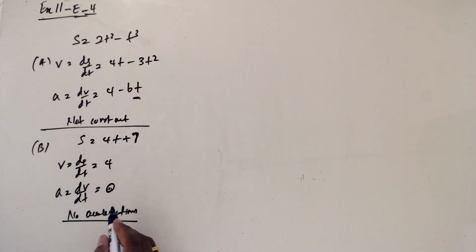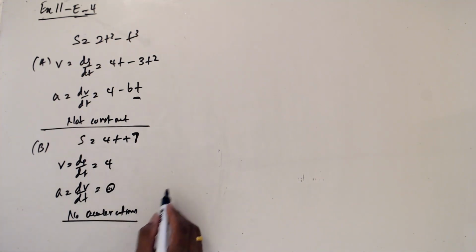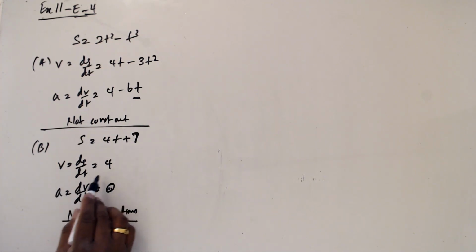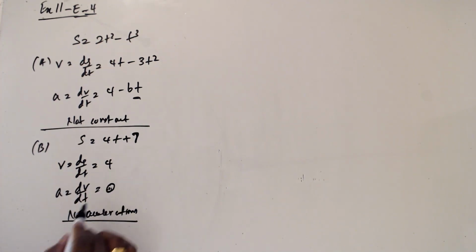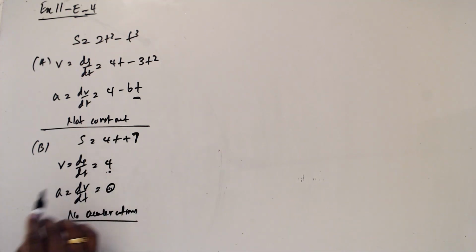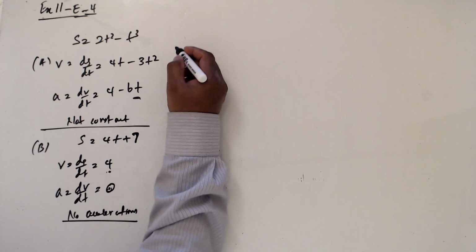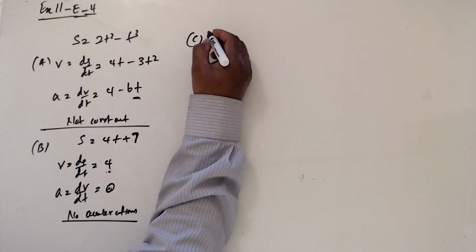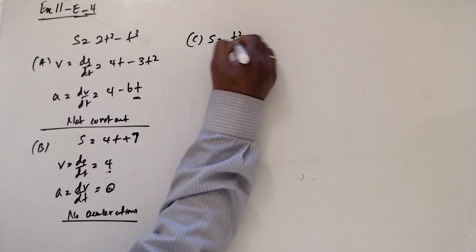So when there is no acceleration, either the particle is stationary or, according to Newton's law, it is moving with a constant velocity. Now this one is not stationary, it is moving with a constant velocity. And part C, s equals t squared divided by 4.